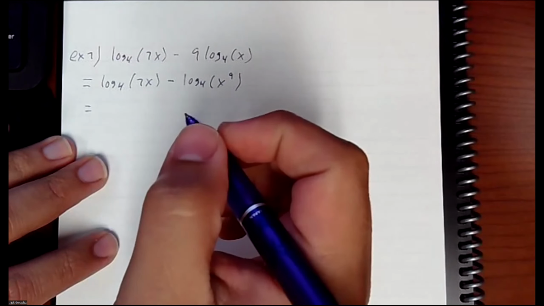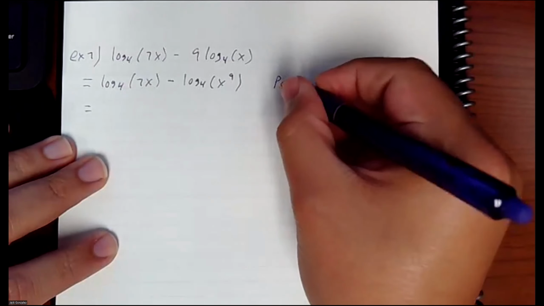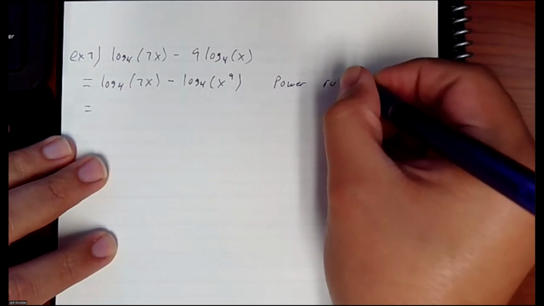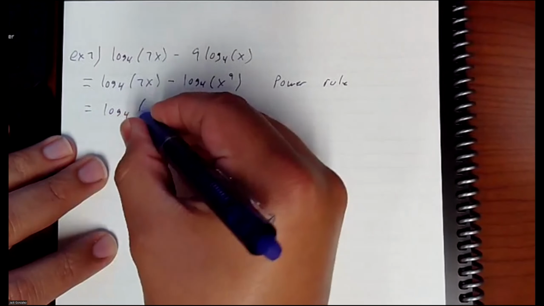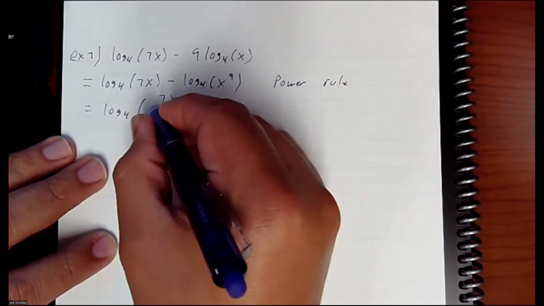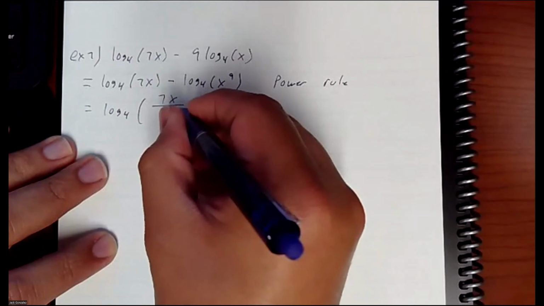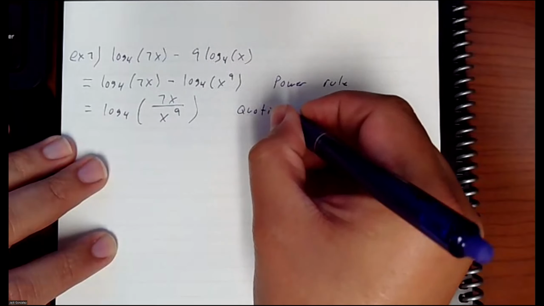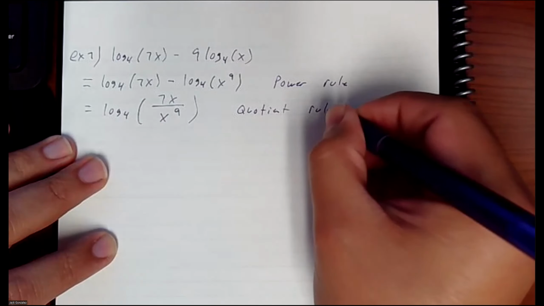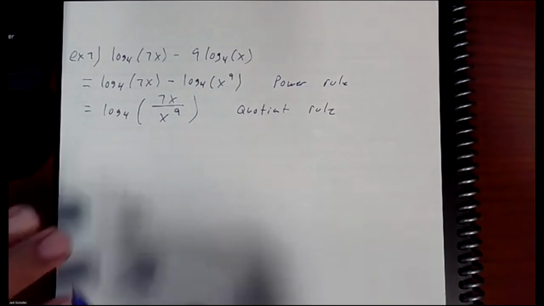Once you have it as a power, change it into a quotient. So this is the power rule in reverse. Then use the quotient. So this will become whatever's on top, minus means divide by whatever's on the bottom. This is the quotient rule in reverse. Any questions on number 7?